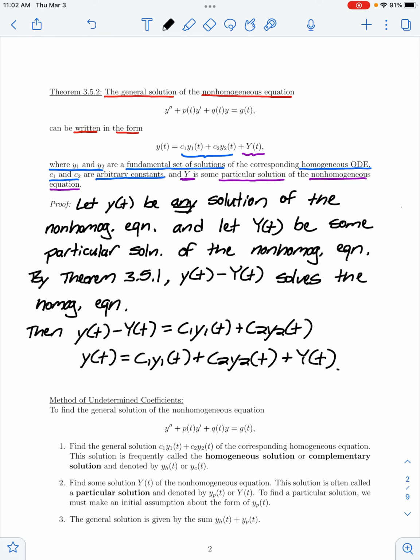And since lowercase y was any solution of our non-homogeneous equation, we've just shown that any solution can be written as some linear combination of little y1 and y2, which formed a fundamental set of solutions for the homogeneous equation, and some capital Y of t, which is one particular solution of our non-homogeneous equation.